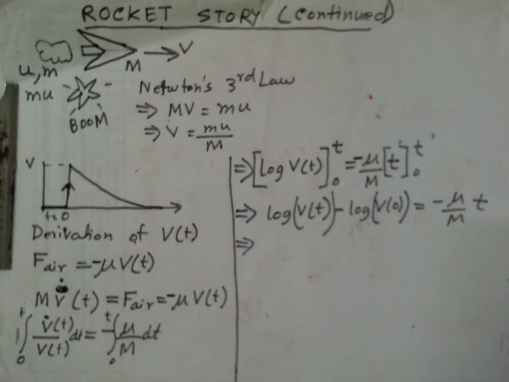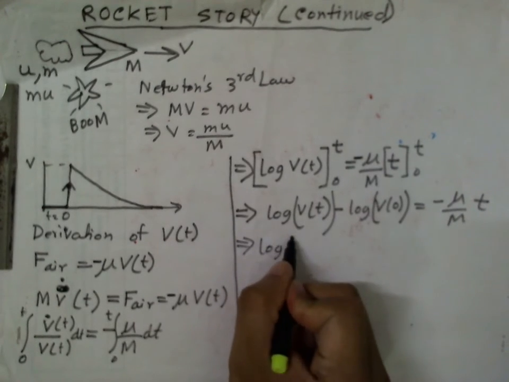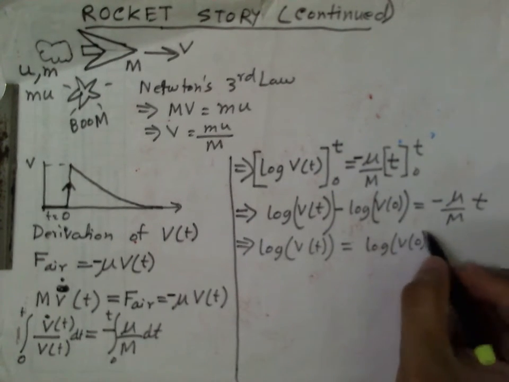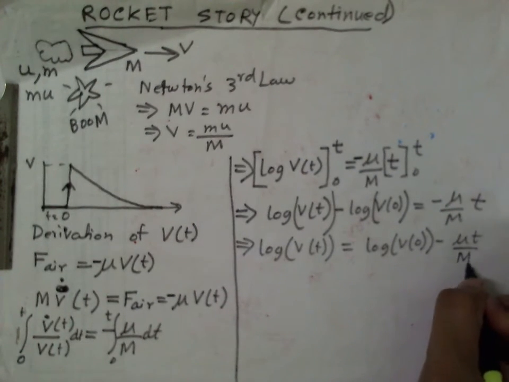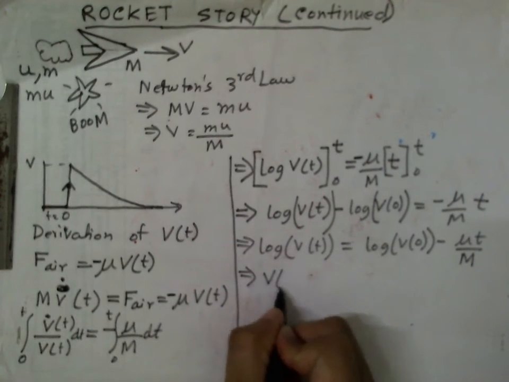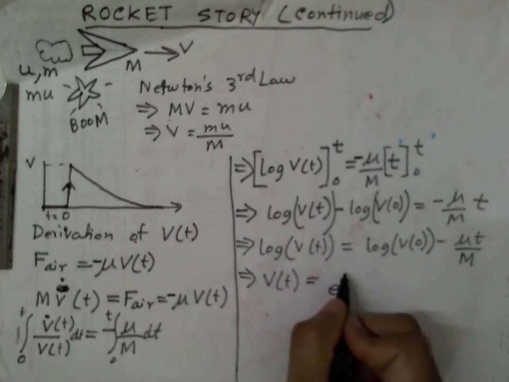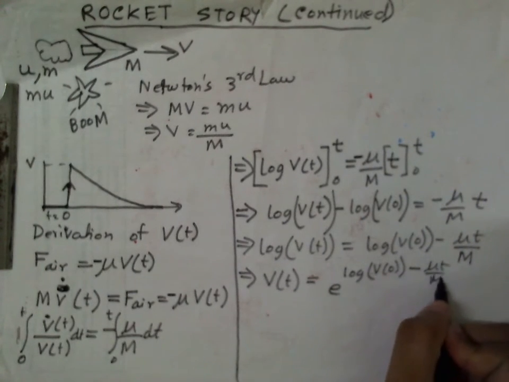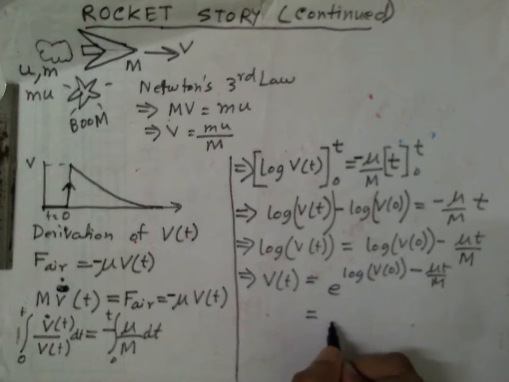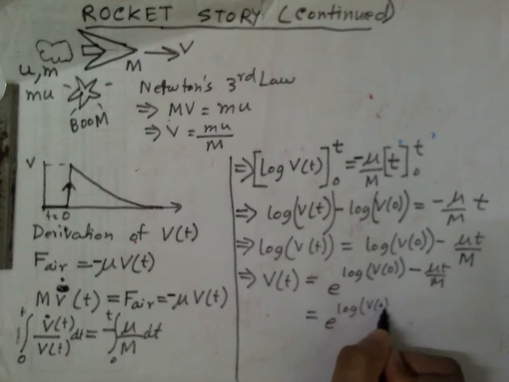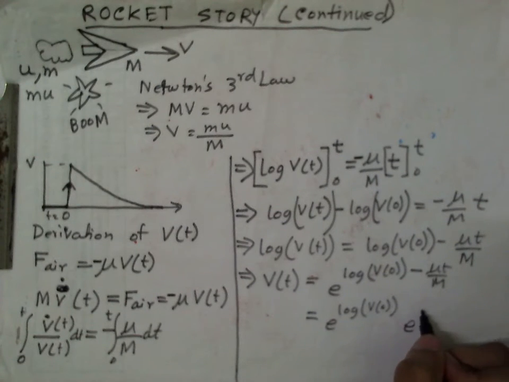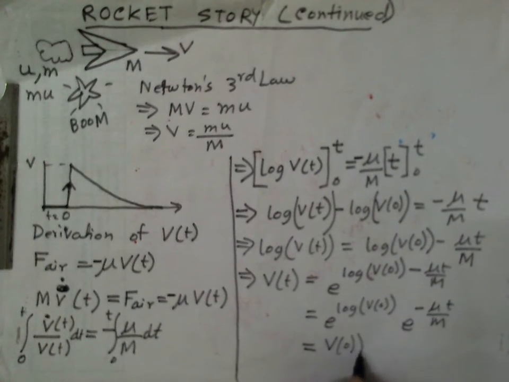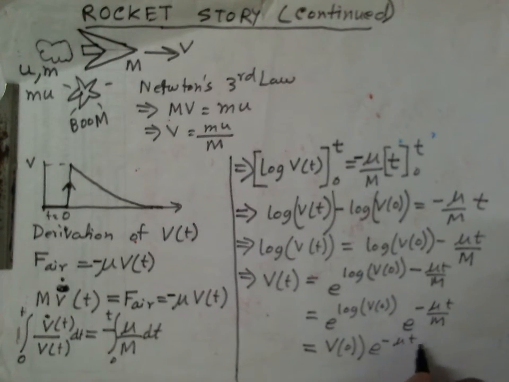This implies log of v(t) is equal to log v0, the initial velocity, minus mu t by M, or I can write v(t) is the exponential of log v0 minus mu t by M. This is equal to e to the power log v0 times e to the power minus mu t by M, and this is equal to v0 e to the power minus mu t by M.